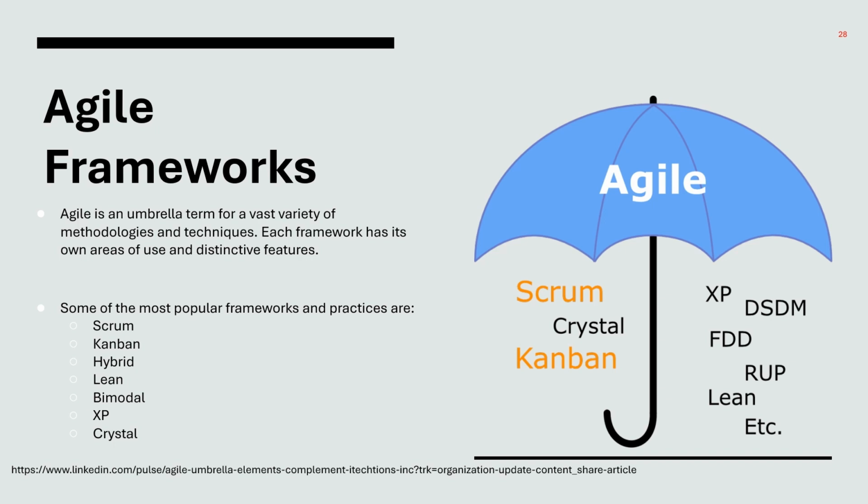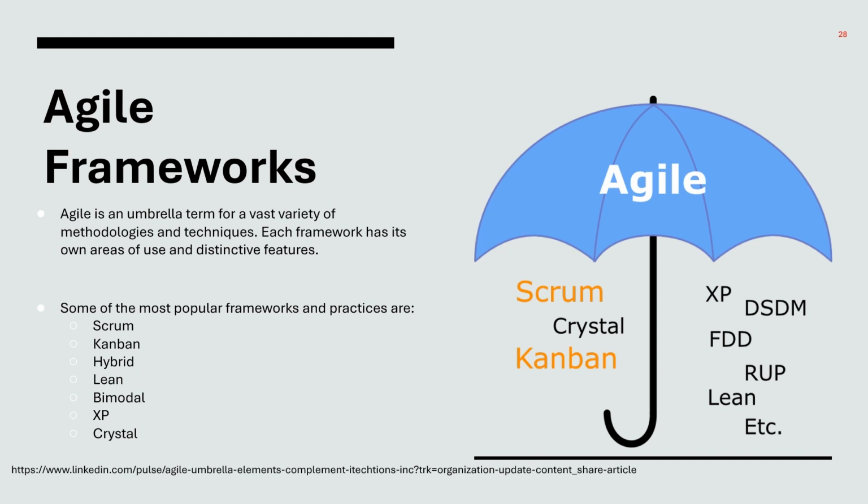Some of the most popular frameworks and practices are the Scrum framework, Kanban framework, hybrid framework, Lean framework, bimodal, XP, and Crystal. First, what is the Scrum framework? Scrum is the most dominant agile methodology, used by 58% of organizations, while 18% combine it with other methods.